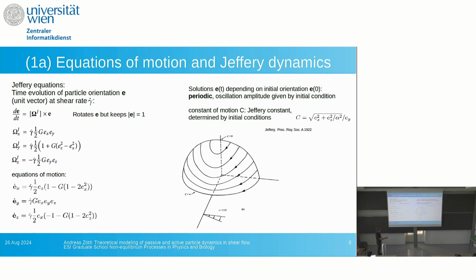But when you go now to initial conditions where the Jeffrey constant is larger than 0, it means that you start somewhere off the vorticity direction, then your particle will rotate like this in the shear flow, and this is this typical Jeffrey rotation. These are these periodic solutions, and depending on the initial conditions, you can have larger amplitudes or smaller ones.